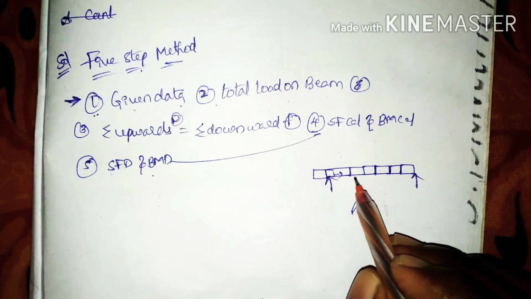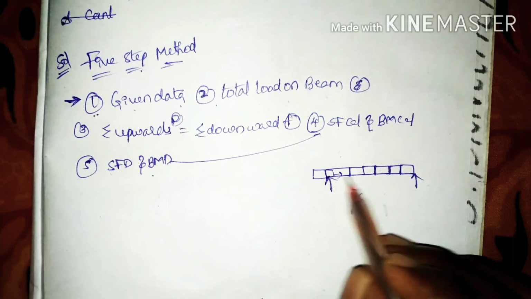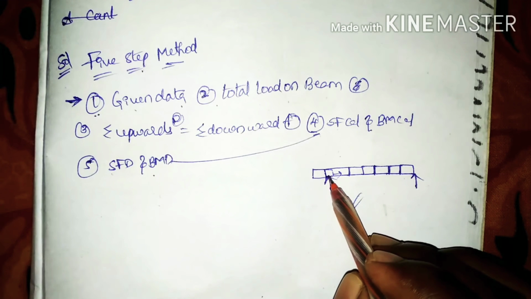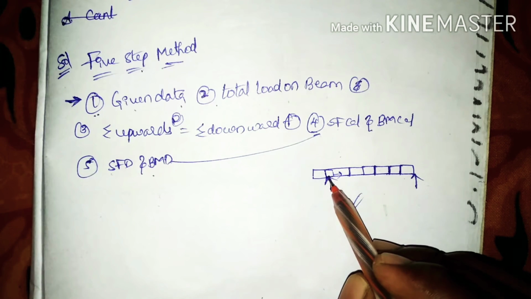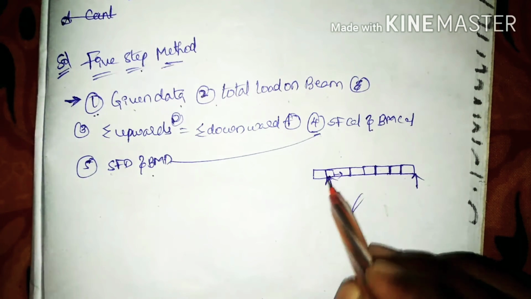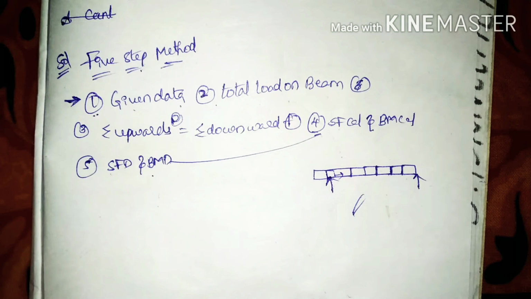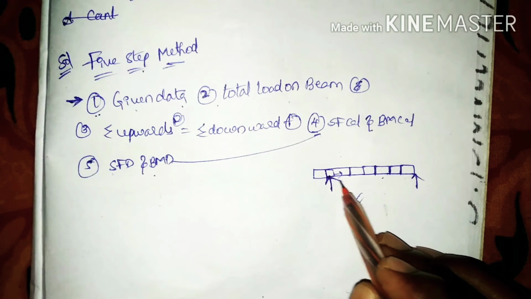When the train is on the bridge, what is the shear force and bending moment diagram or bending moment values of this beam?